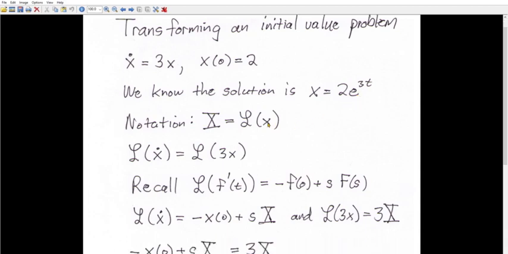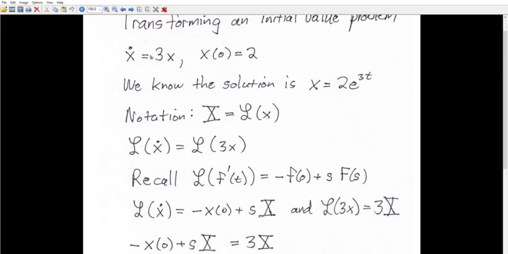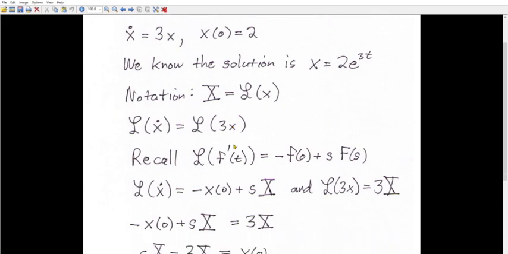The Laplace transform of little x, which is in T space, is going to be cap X, which lives in S space. Since x dot is 3x, the Laplace transform of x dot is the Laplace transform of 3x. Last time, we discovered that the Laplace transform of the derivative of f is minus f of 0 plus s times the Laplace transform of f.